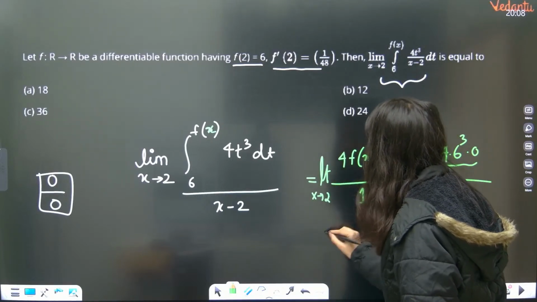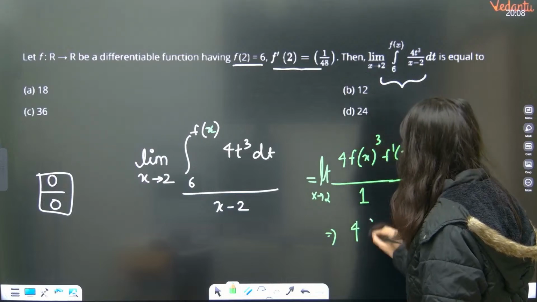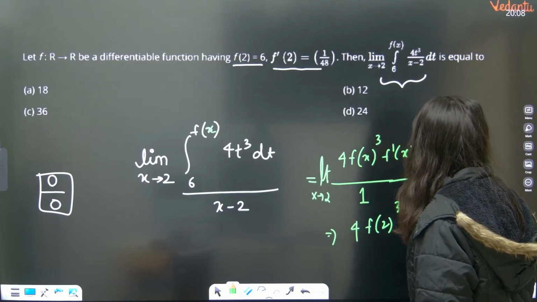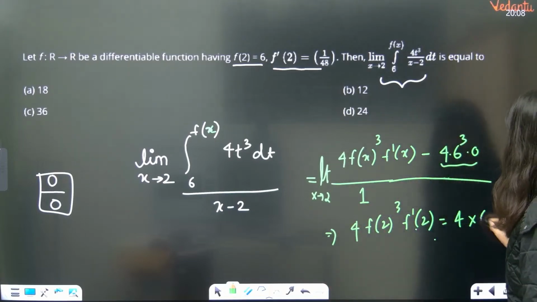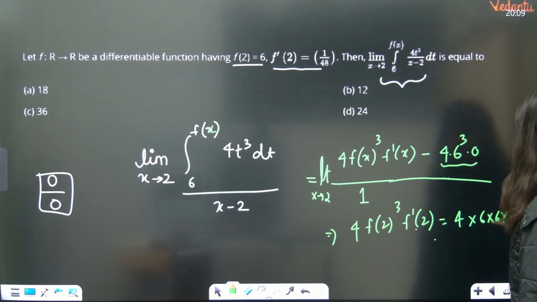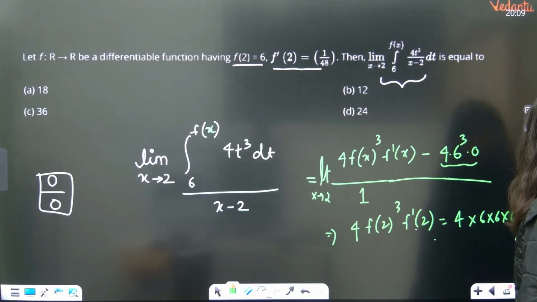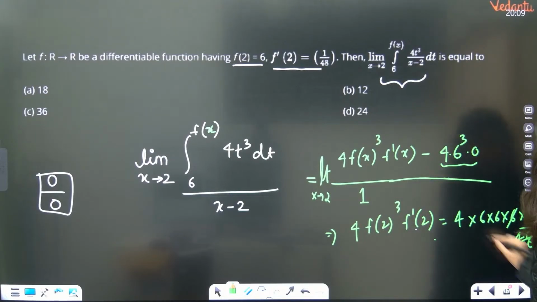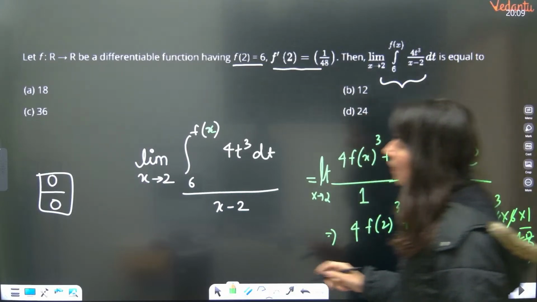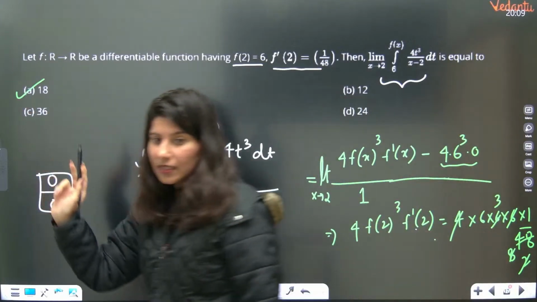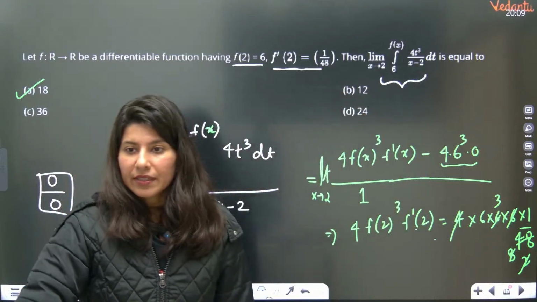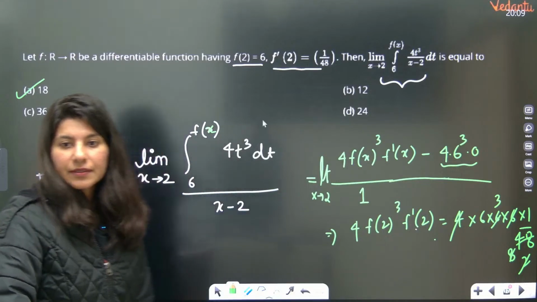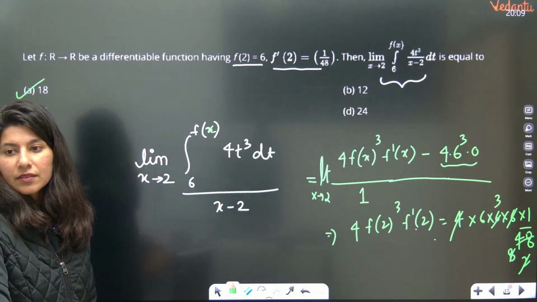If you put x tends to 2, 4 f of 2 cube f dash 2 will be your answer. So 4 into f of 2, so 6 into 6 into 6, f dash 2 is 1 upon 48, 6 1s are 6, 8s are 4 2s are, this is 3, 6 3s are 18. Option A is absolutely right. Clear? Got it?